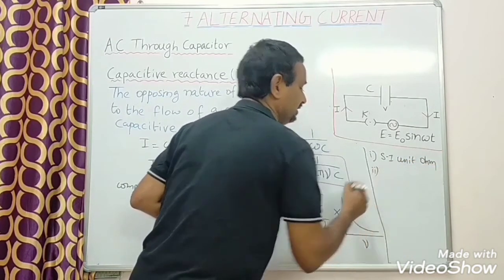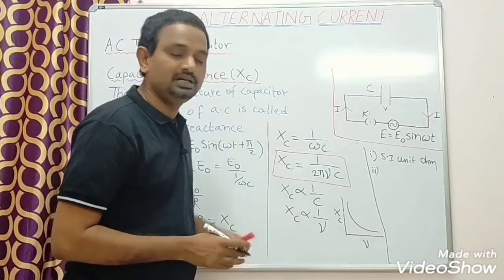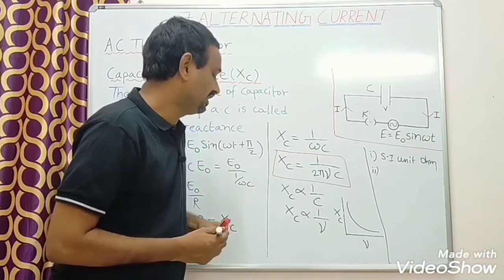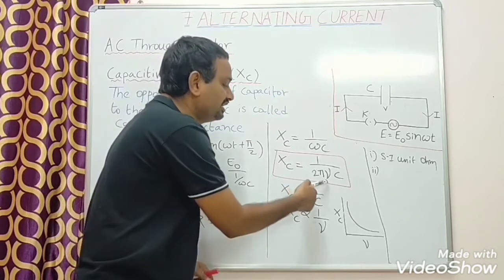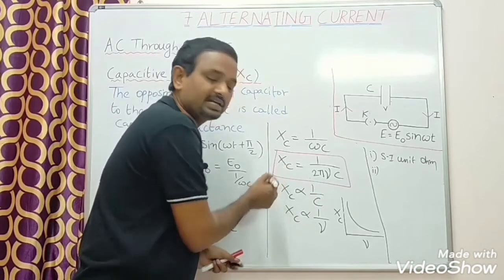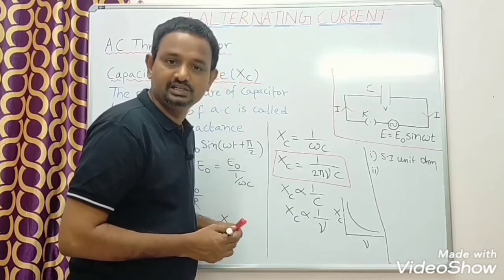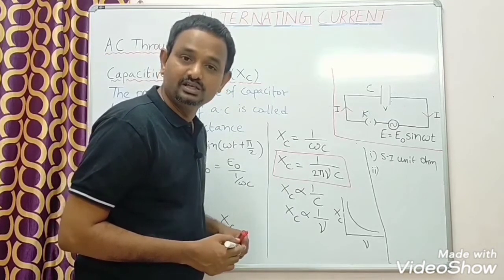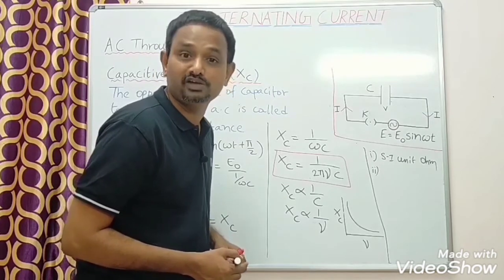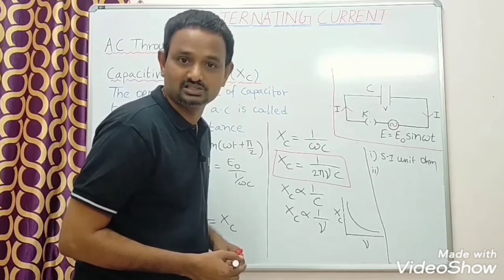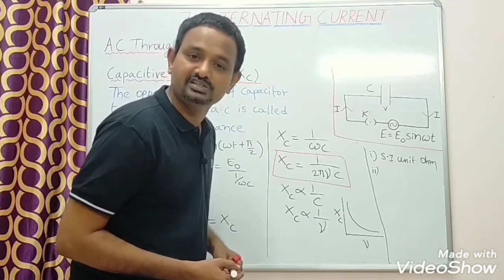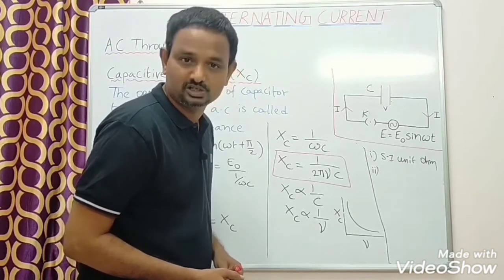And second one, if we connect DC to the capacitor, what happens? For DC, this frequency is 0. So, we will get capacitive reactance for DC infinity. That means, for DC, there will be an infinite resistance. That means, there will be an infinite capacitive reactance. So, it blocks the DC. For DC, it works like an open circuit.